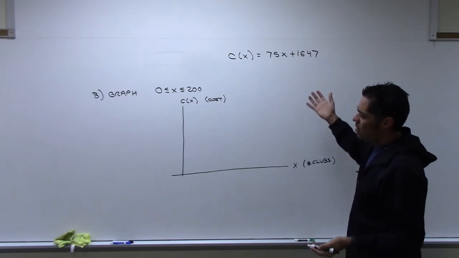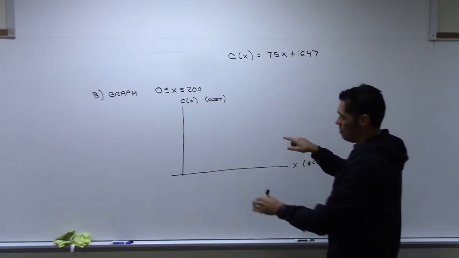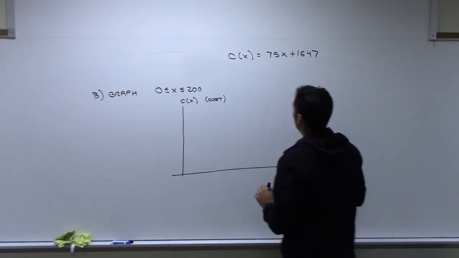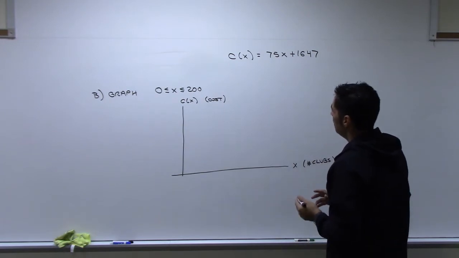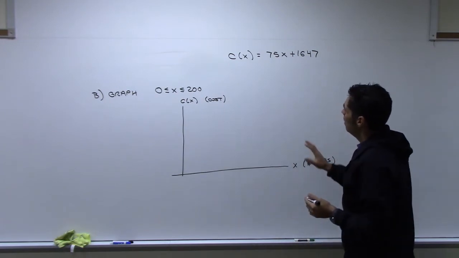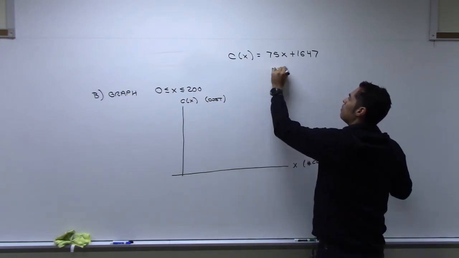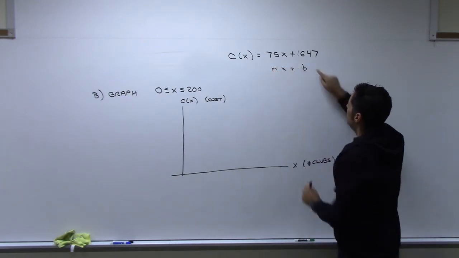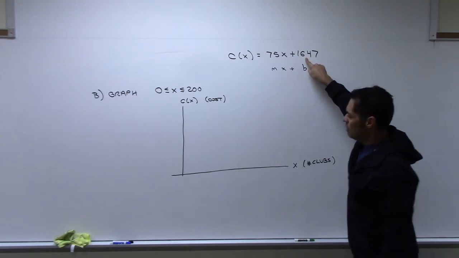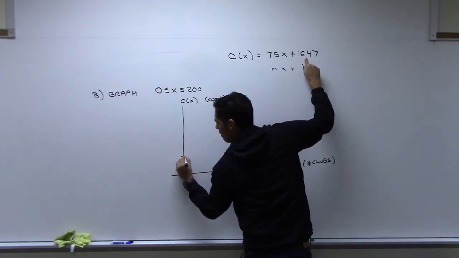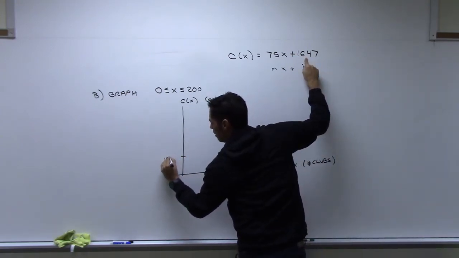We actually already had points, so we could graph those points. But I'm going to do something a little bit different. I'm going to use the fact that in this form, mx plus b, the b is my y-intercept. So I know that this value right here is 1,647.